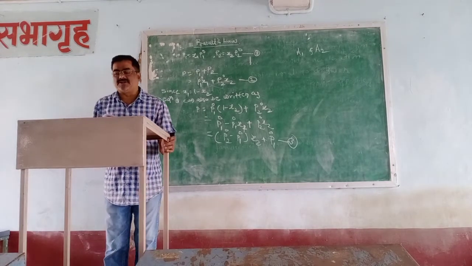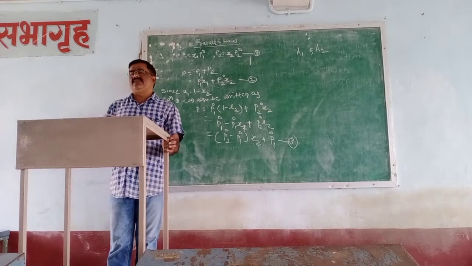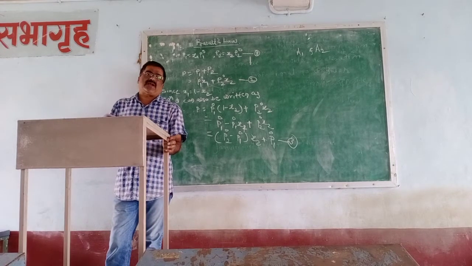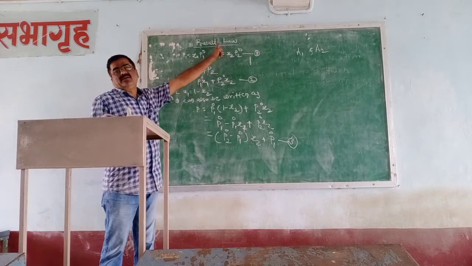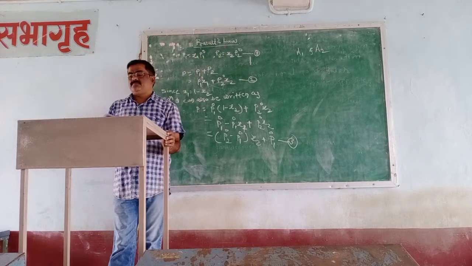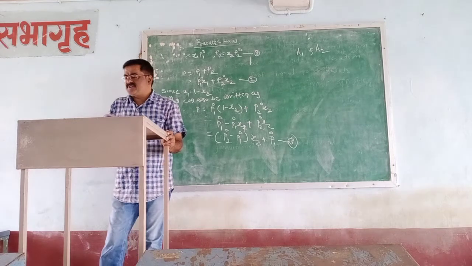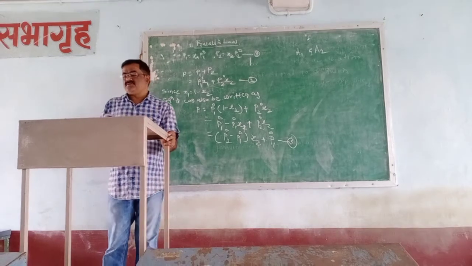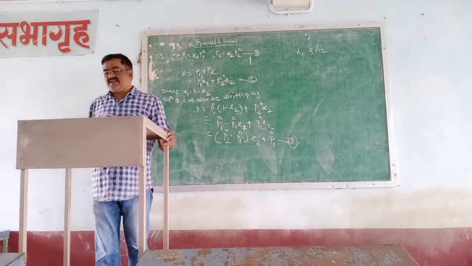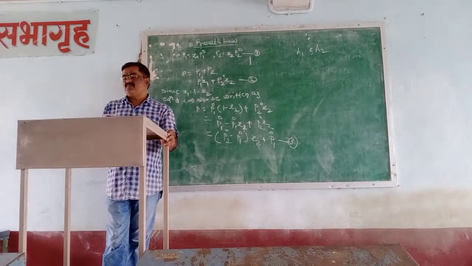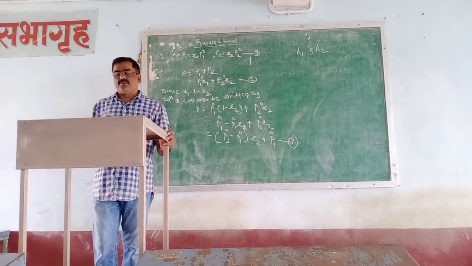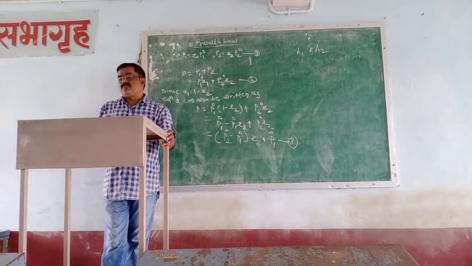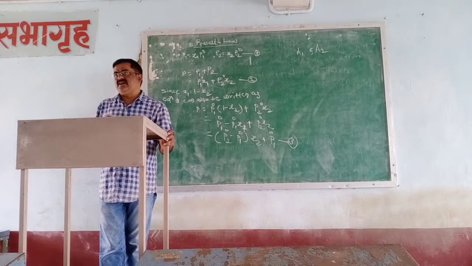The partial pressures of the components are related to their mole fractions, and that relationship is given by Raoult's law. The law states that the partial pressure of any volatile component of a solution is equal to the pressure of the pure component multiplied by its mole fraction in the solution.